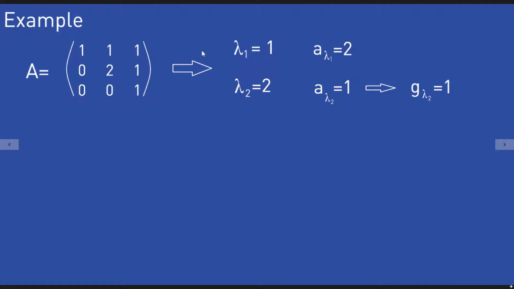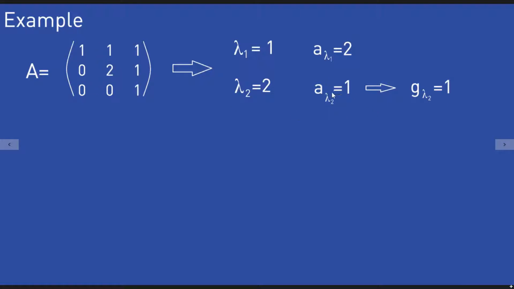So the first eigenvalue is 1. And this eigenvalue has algebraic multiplicity 2, because we have it 2 times on the diagonal. The second eigenvalue is 2.